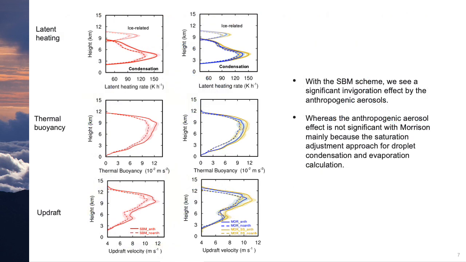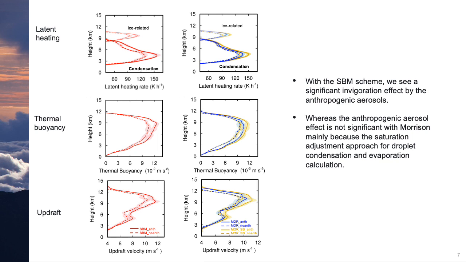With the spectral beam scheme, the invigorated convection corresponds to the increase in thermal buoyancy, which is induced by the enhancement in latent heating from condensation and ice-related processes. While in Morrison, the increase in latent heating profiles is much less, so the anthropogenic aerosol effect is not significant.